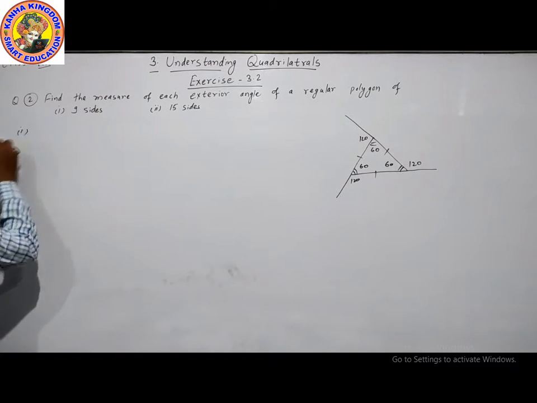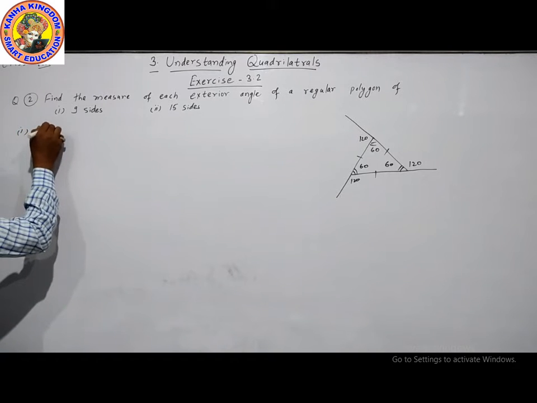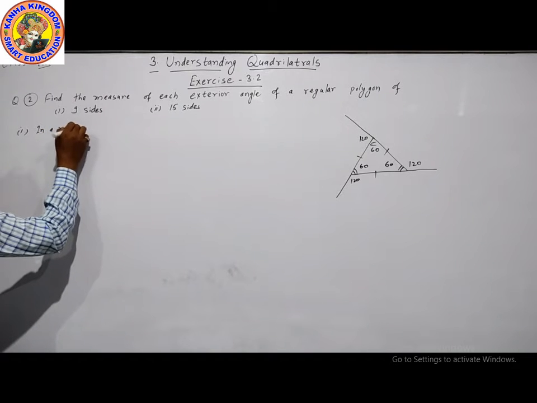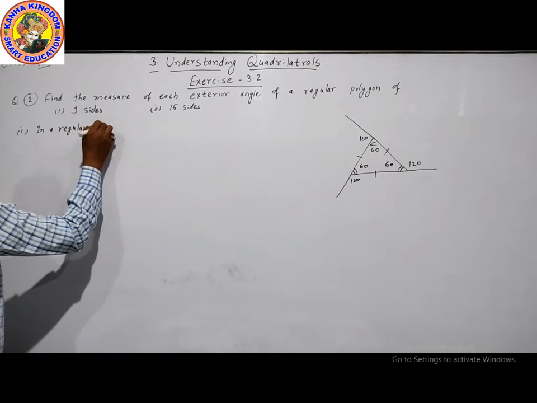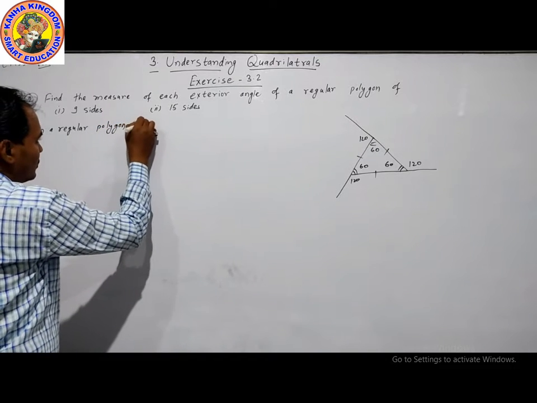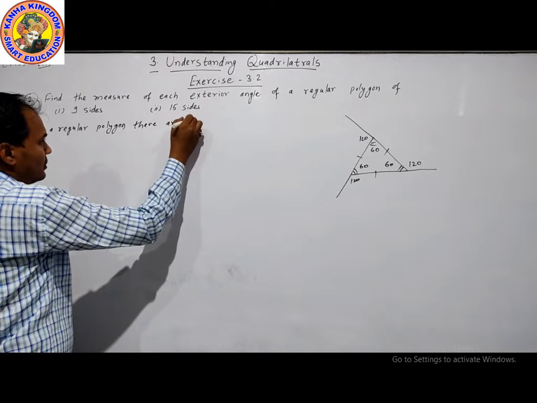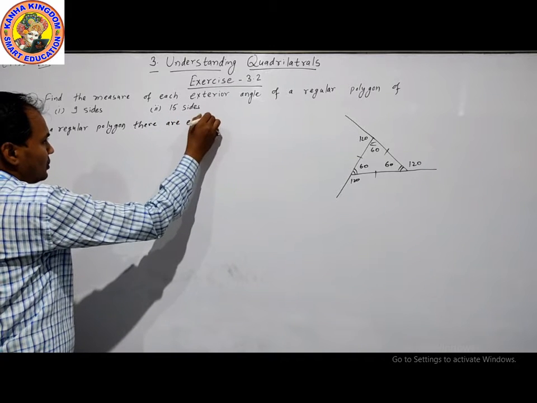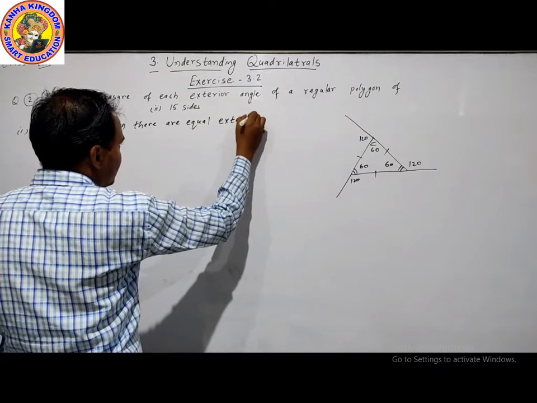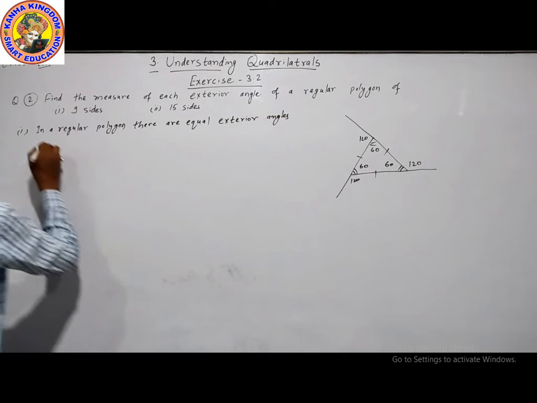Question number first. In a regular polygon, there are equal exterior angles.